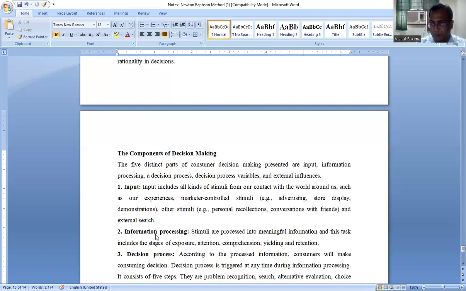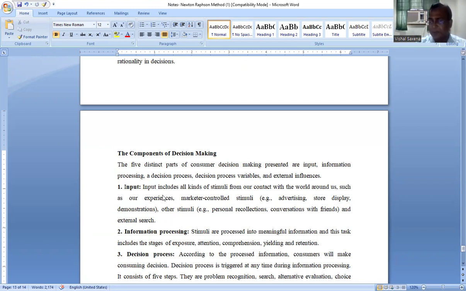Input includes all kinds of stimuli from our contact with the world around us, such as our experiences, marketer-controlled stimuli, for example advertising, store displays, and demonstrations. Other stimuli like personal recollections, conversations with friends, and the external search.